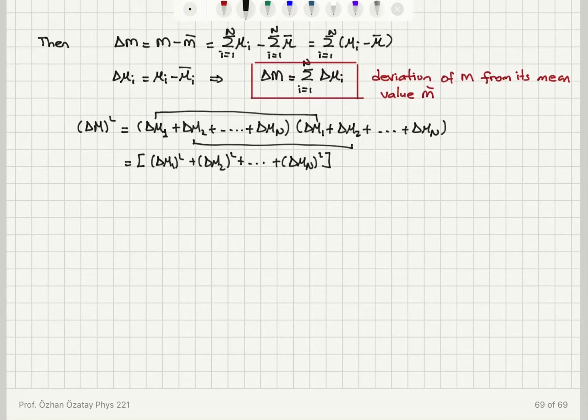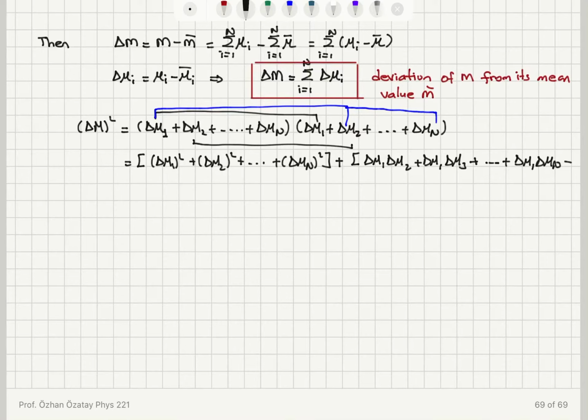And then I will also get other types of terms: delta mu 1 delta mu 2, delta mu 1 delta mu 3, delta mu 1 delta mu n, and I continue.